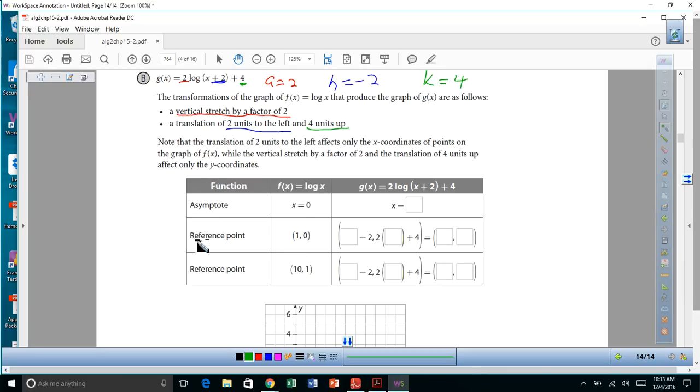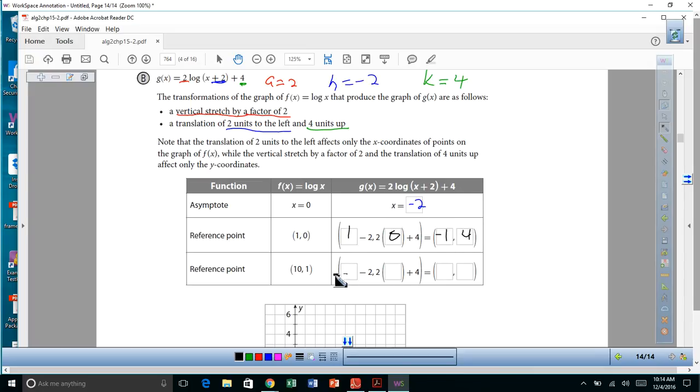All right. So the asymptote is going to be x equals negative 2. All right. And we're going to have 1, and that's going to make that, and 0, and that's going to make that negative 1 and 4.